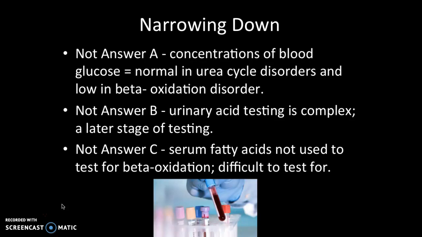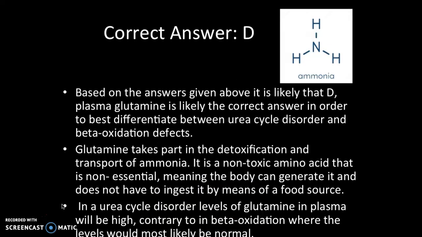Secondly, answer B is incorrect because urinary acid testing is complex and is typically analyzed in a later stage of testing. So that's not something that would have been done immediately. Answer C is also incorrect because serum fatty acids are not used to test for beta oxidation. They are more difficult to test for, and because of this, the process wouldn't have necessarily been completed at that time. So this leaves us with answer D.